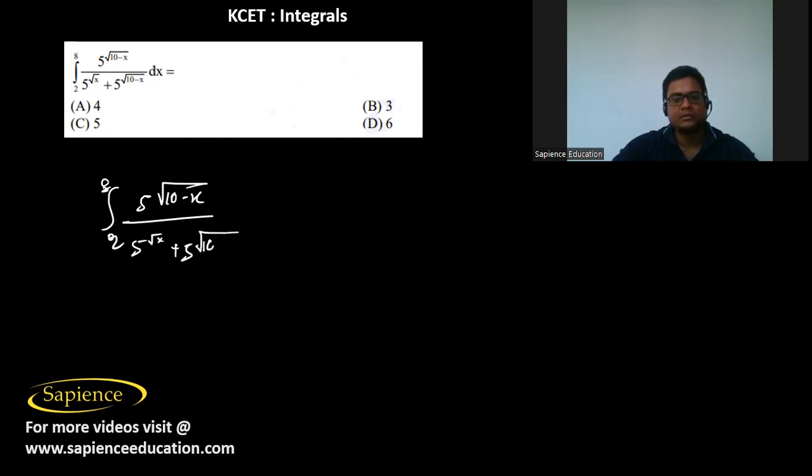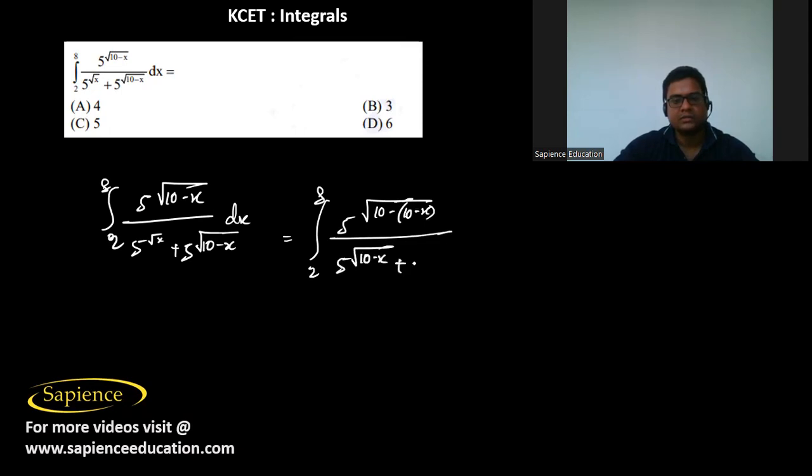Then here it is told to find the integral 2 to 8 of 5 power 10 minus x by 5 power root x plus 5 power root over 10 minus x dx.